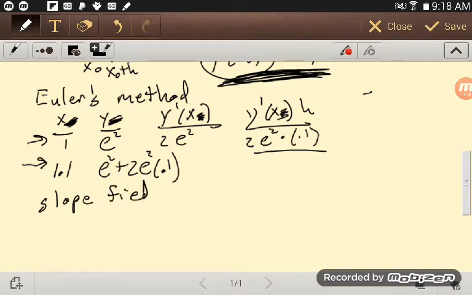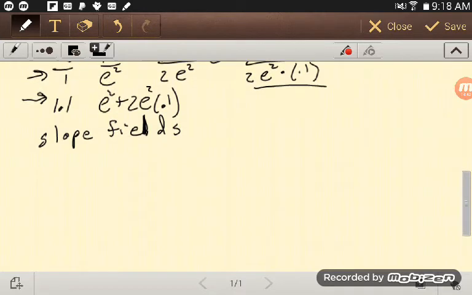If that's all the differential equation is doing, then when I go to do a slope field here, what I know is at, for instance, 1 and e to the 2, that slope is 2e to the 2.